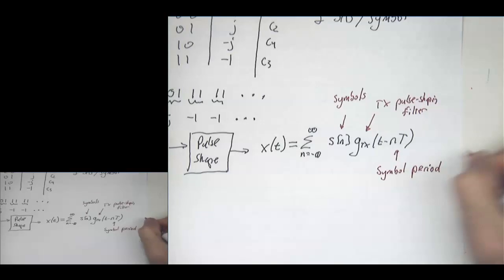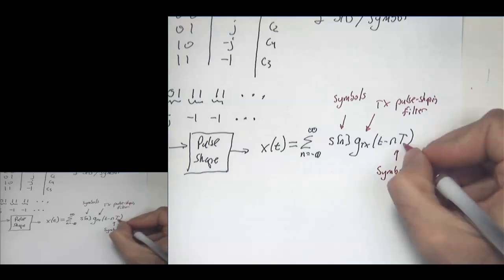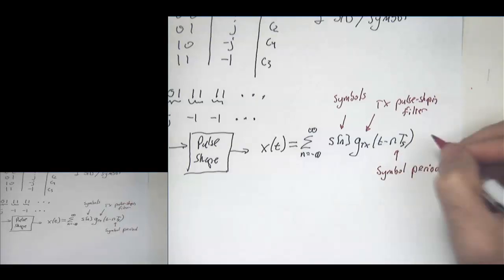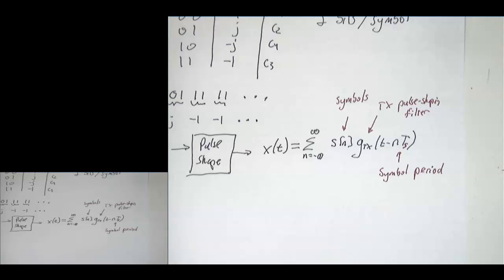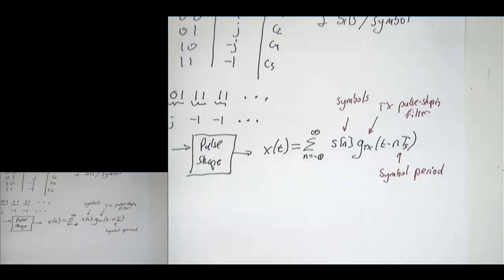I have to be careful. I think later in the course I'll probably put a TS here. And so this is the way that we're going to take symbols and map them onto the continuous waveform.